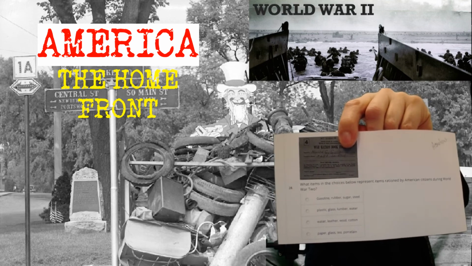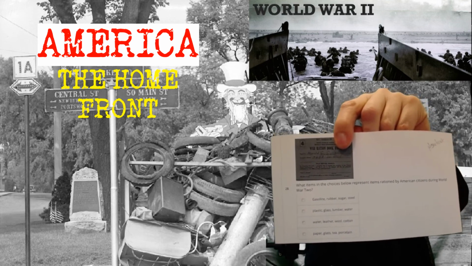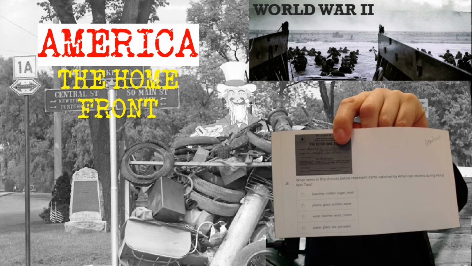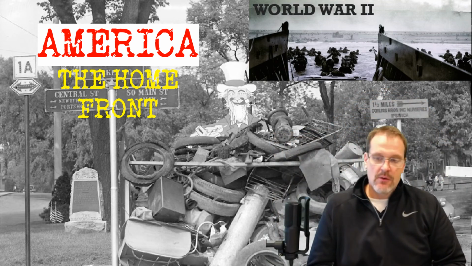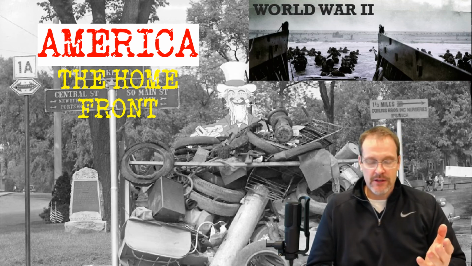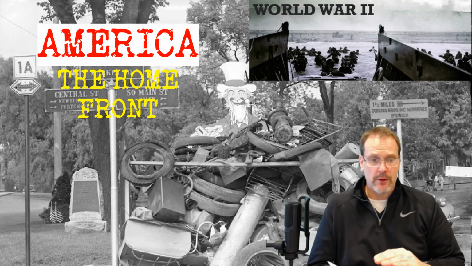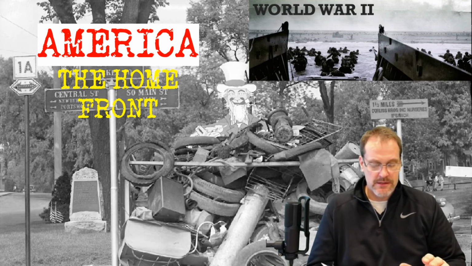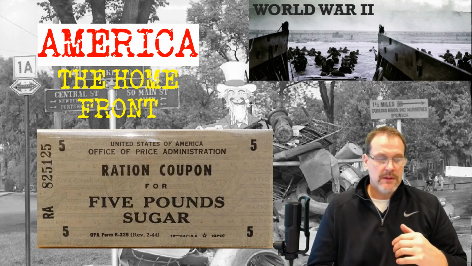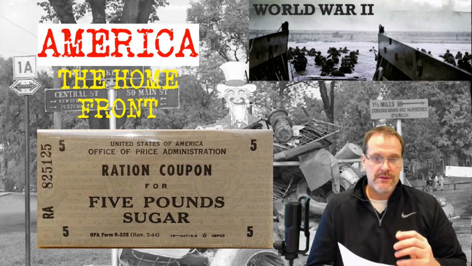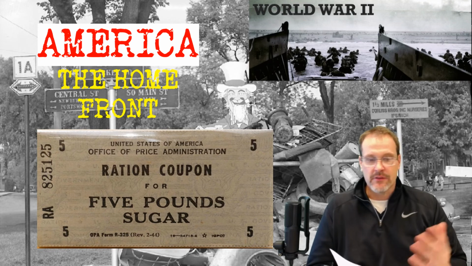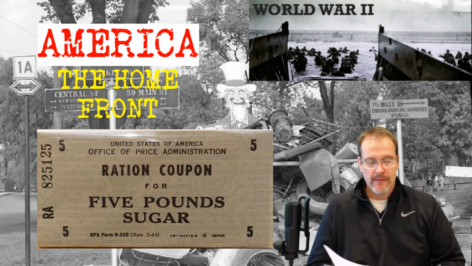You got plastic, glass, lumber, water, leather, wool, cotton, paper, glass, tea, porcelain. The things that I picked out on this list were things that were either something that you really didn't need to use, like sugar. Sugar was something that could be used in a lot of different places as far as food is concerned. Sending that to the Pacific and giving energy to soldiers was paramount to civilians having cake, for example.